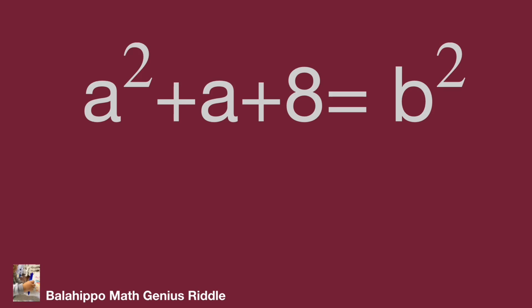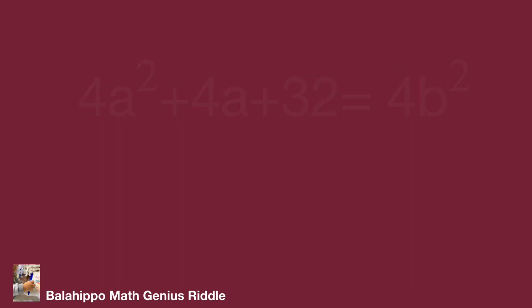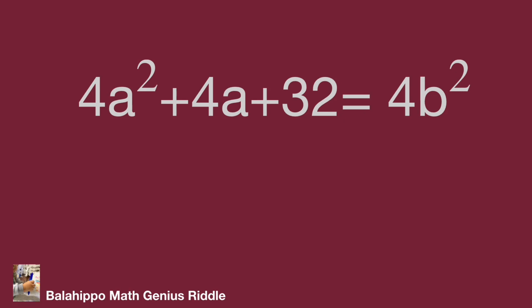In order to reduce this complication, we multiply 4 to both sides of the equation, then we get 4a squared plus 4a plus 32 equals 4b squared. 4b squared is a quantity that is a square item. Then we generate 4a squared plus 4a, and add one number so it becomes a square.